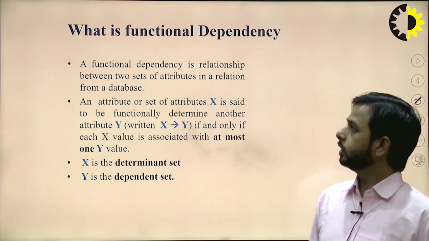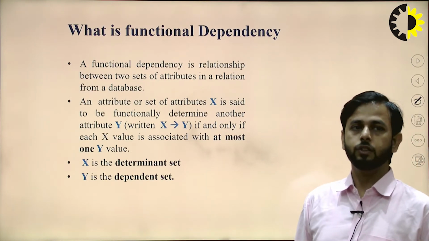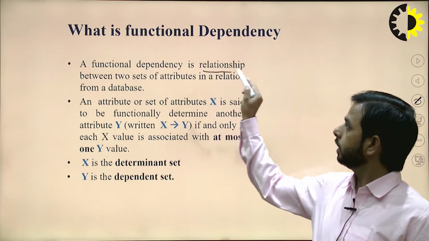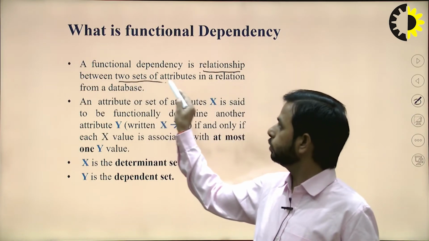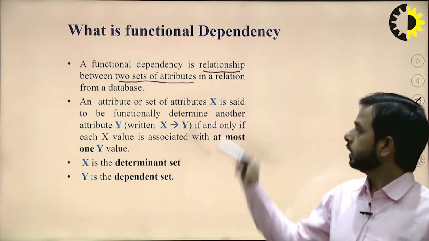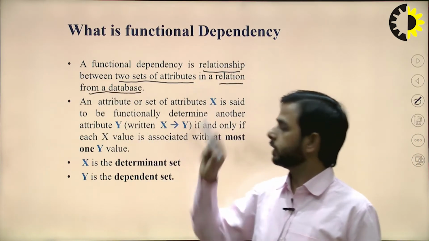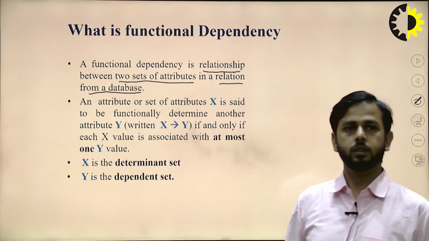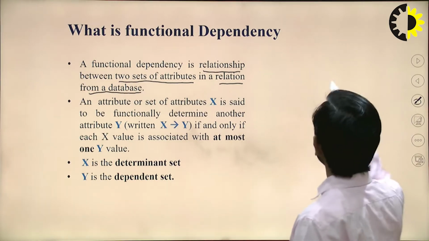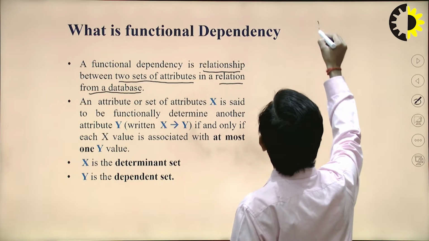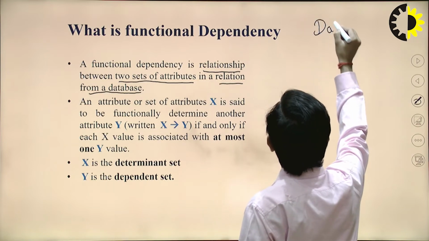A functional dependency is a relationship between two sets of attributes in a relation from a database. So what does it mean? Suppose there is one database.